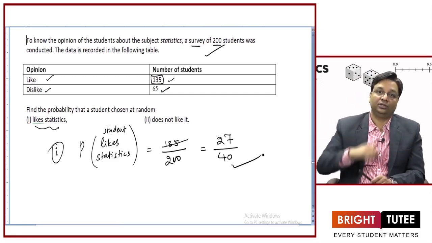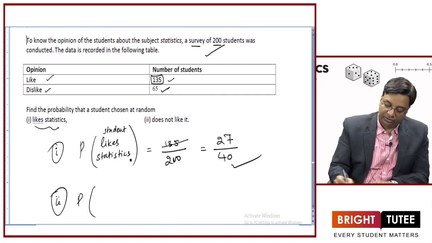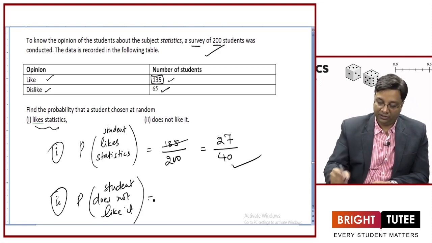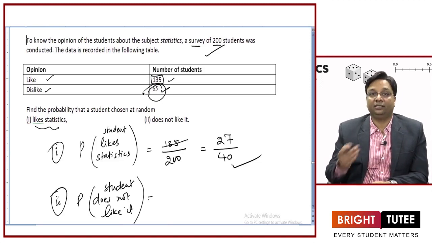Second, the probability that the student does not like it is equal to, there were 65 such students who did not like the subject of statistics.